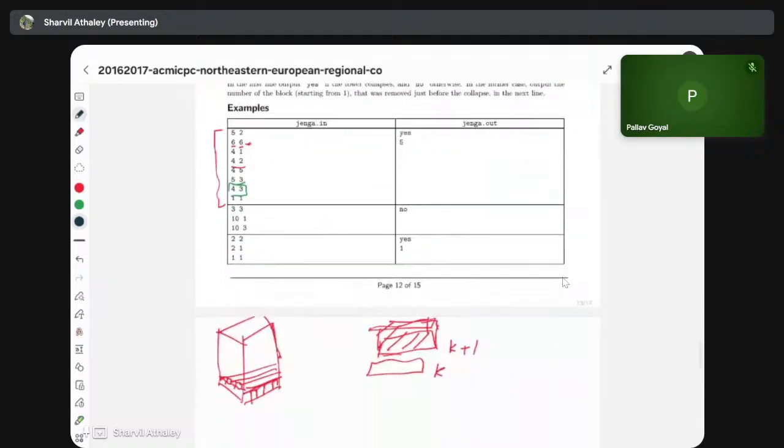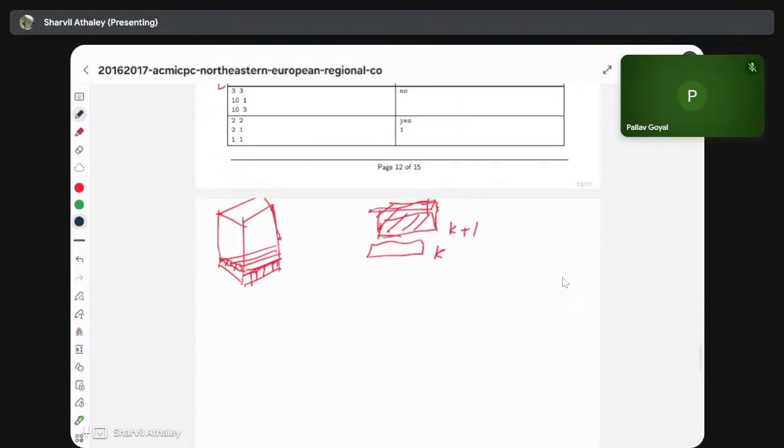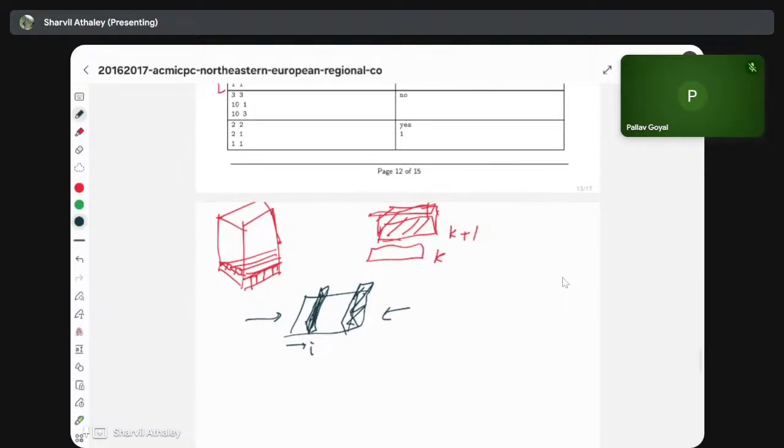Let's say in a horizontal level you had some blocks, and you had the leftmost block here. The convex hull is nothing but the projection of this level. So when you see it from the left, the first thing you see is at some distance. When you see it from the right, the first thing you see is the last block itself.